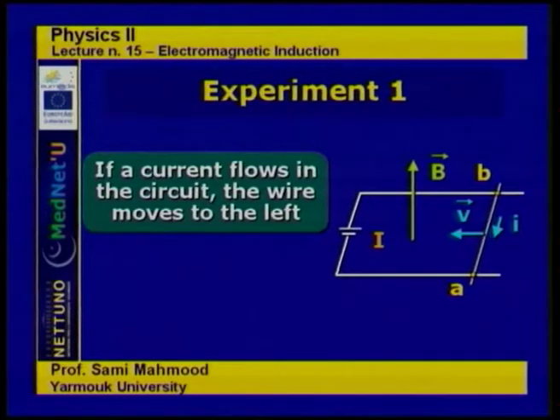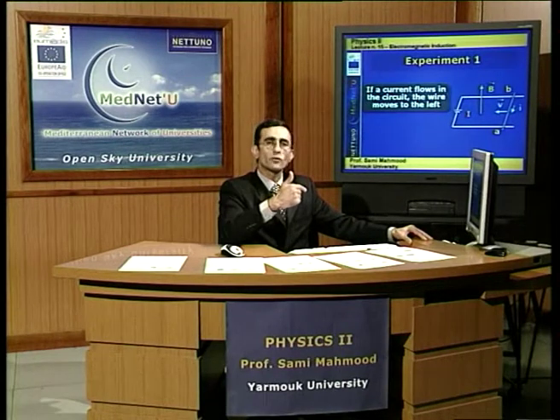This is movable, and the force exerted on the wire AB will be to the left. So the wire AB will move by itself to the left.